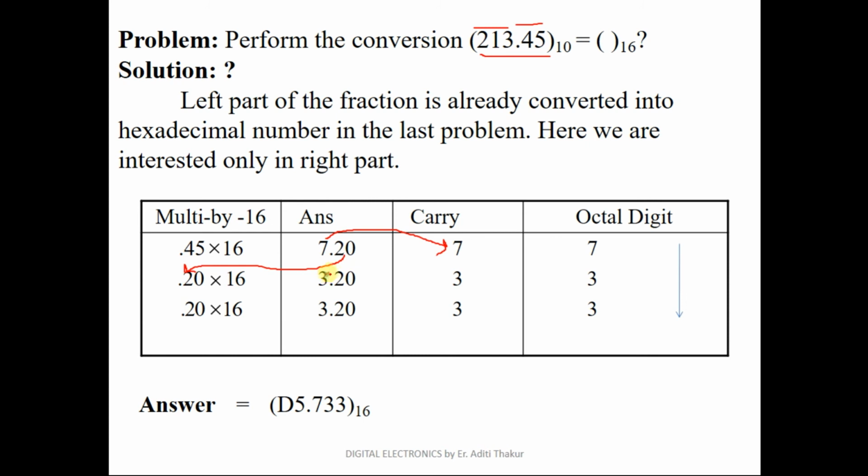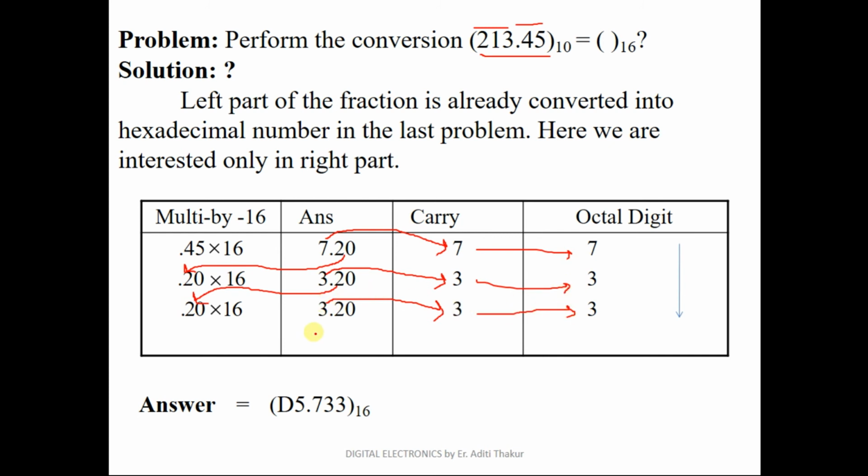Now this 3 is taken out from this answer and the 0.20 again goes to the next step and is multiplied by 16. Again this 3 will come out as a hex digit. Now these 733 are all taken out as hex digits.